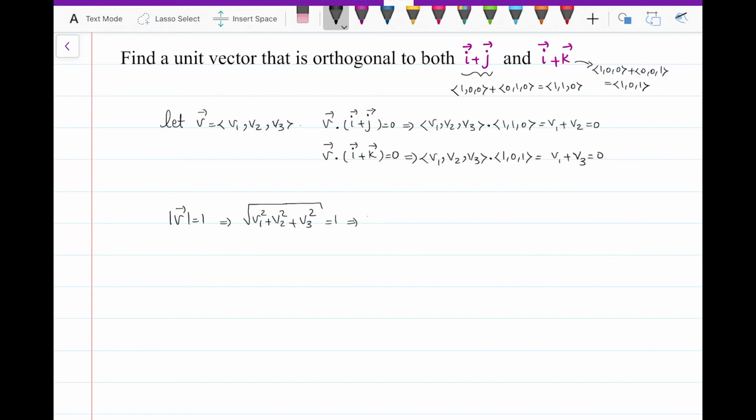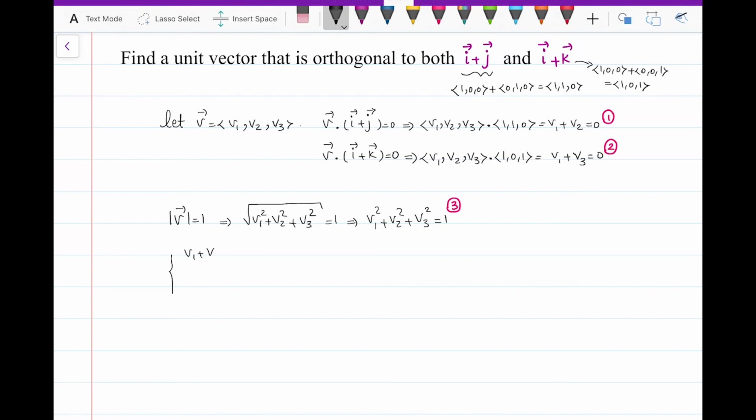So let me square both sides. So I get v1 squared plus v2 squared plus v3 squared is equal to 1. So as you see, I have 3 equations in here. One is this one. The second one is v1 plus v3 equals to 0. And this is the third one. So I have a system of equations that I need to solve.